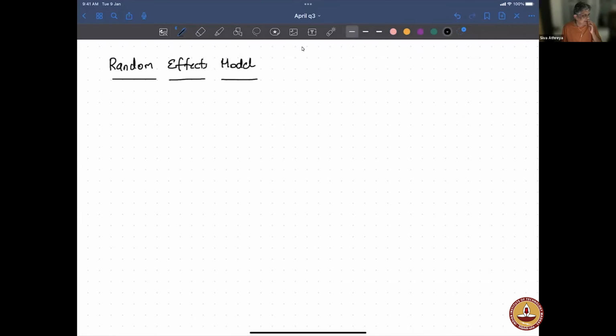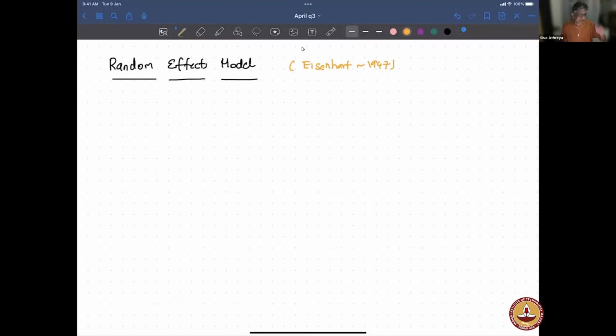So there's a sort of historical note that I would like to state. This random effects model was done by a person called Eisenhardt in 1947.